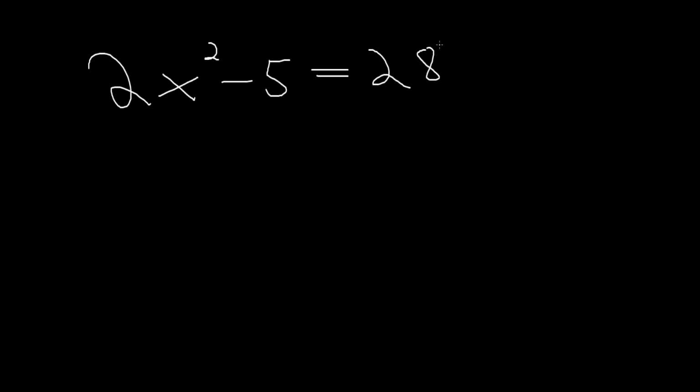So instead, we're going to have 2x squared minus 5 equals, let's say, 27. Okay, so now all we want to know is this x over here, right? Well, that's a problem because I can't use order of operations because this darn thing's in the middle of it.